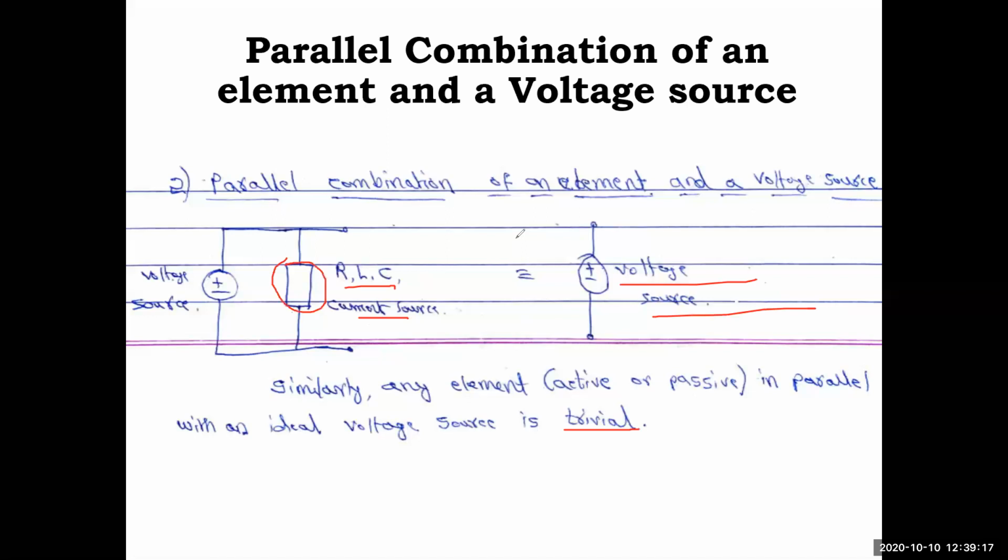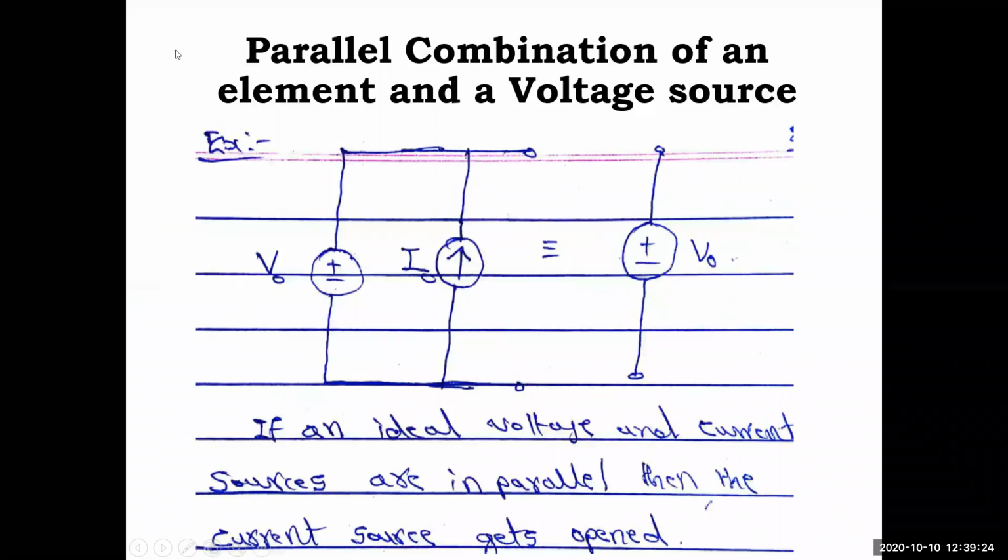Now we'll see the example to illustrate this with one active and one passive element. If a voltage source is in parallel with a current source: in the previous case you had a voltage source in series with a current source, you considered it as a current source. Same way, if you have an ideal voltage source in parallel with a current source, then you should consider it as a voltage source, and this current source gets opened.